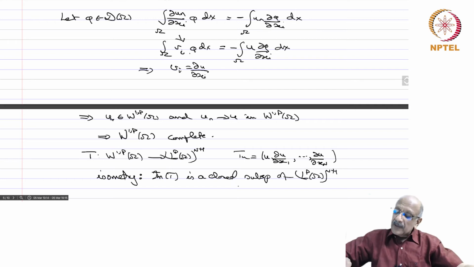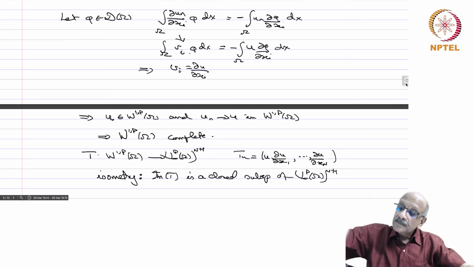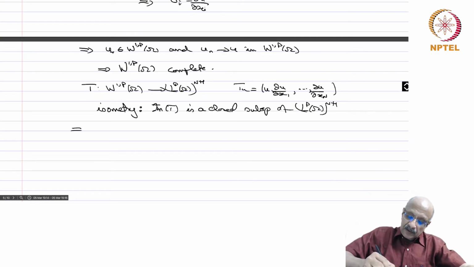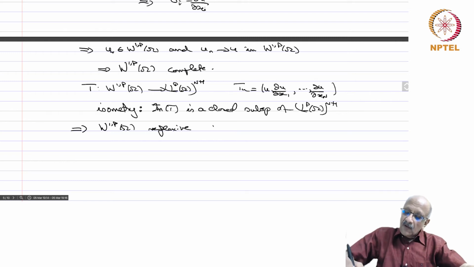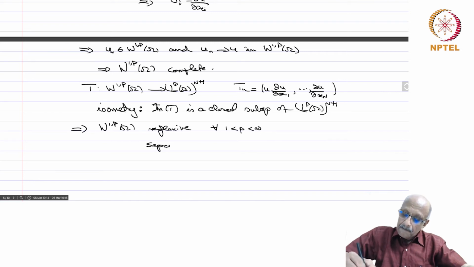So a closed subspace will inherit all the reflexivity and separability properties of the original space, and an isometric isomorphic image of a reflexive space is reflexive, a separable space is separable, and therefore this implies that W1p omega is reflexive for all 1 less than p less than infinity and separable for all 1 less than or equal to p less than infinity.